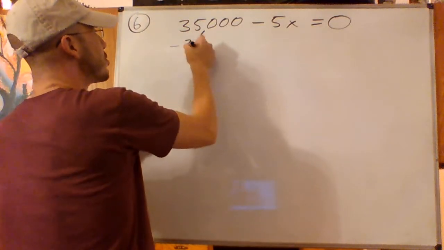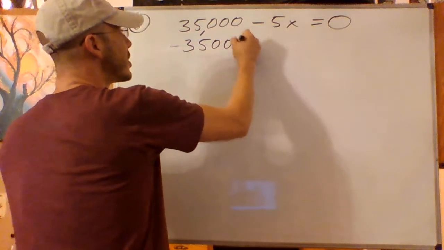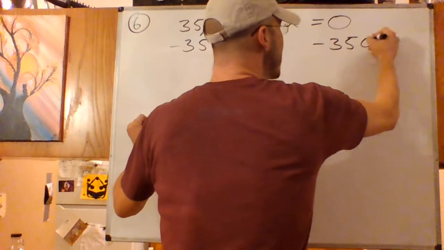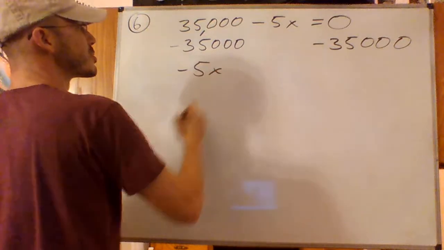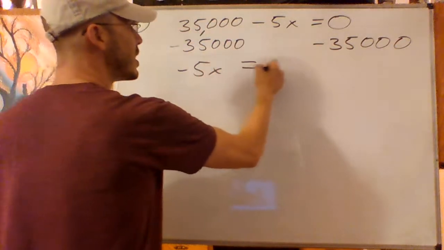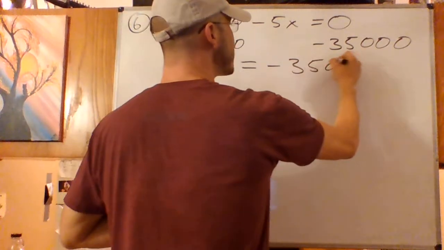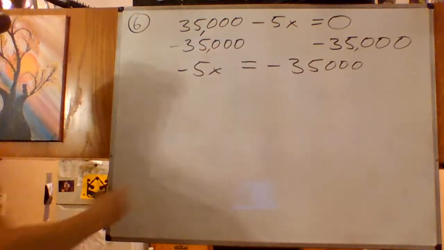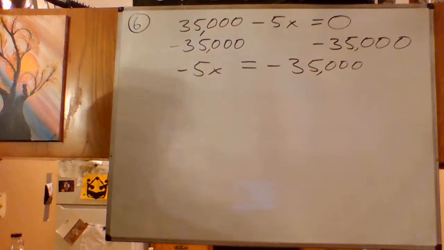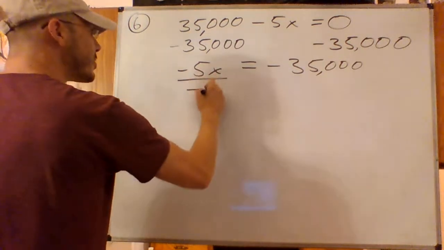I'm going to do the minus 35,000 from both sides. The number's big, but the principle's the same. Negative 5x is what's left on the left-hand side. And then negative 35,000. I'm going to put commas. It's readable. And then divide by negative 5.